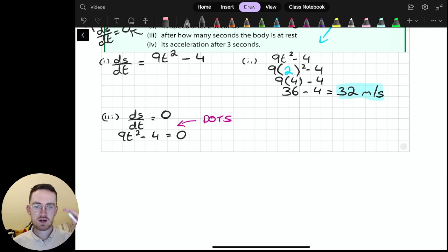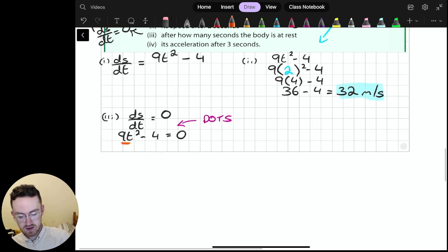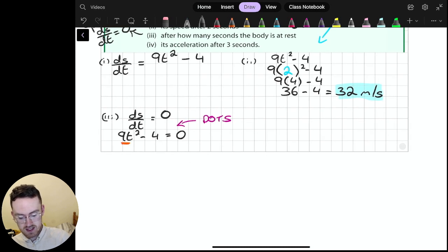We start with quadratics and say that's not a quadratic, so the next would be a difference of two squares. So for a difference of two squares, the 9t squared can be rewritten as (3t) all squared. And similarly, the 4 can be rewritten as 2 all squared.